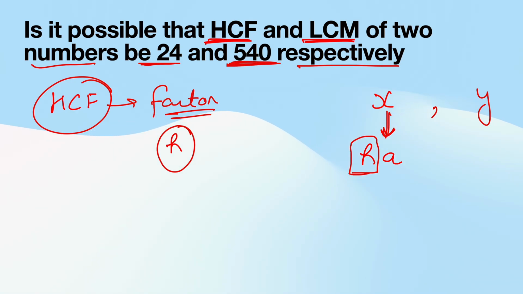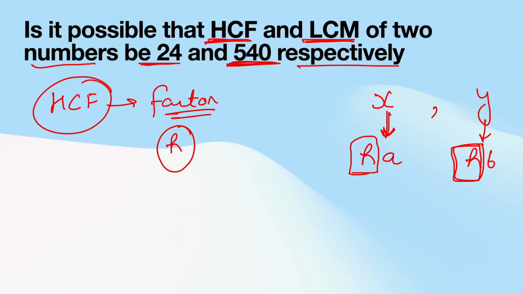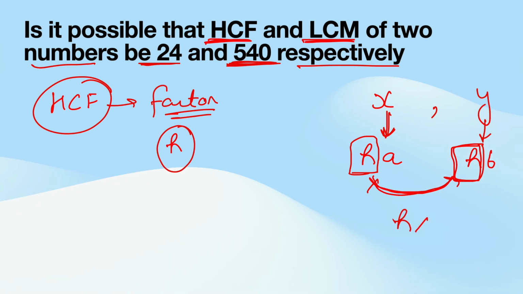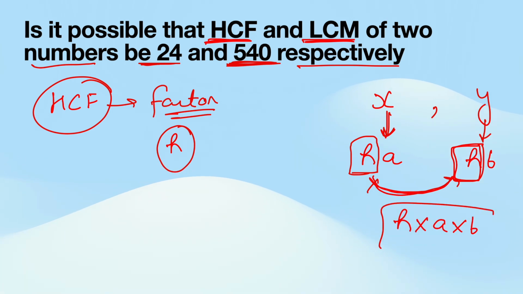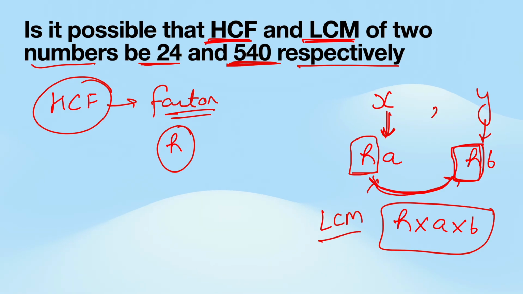Y can be written as h into b, meaning h will be a factor there, right? If I try to find their LCM, how to find it? H into a into b, that will be the LCM. Yes or no? This means every time I write the LCM, the HCF will always be there.